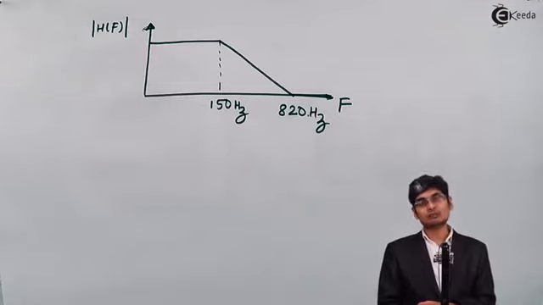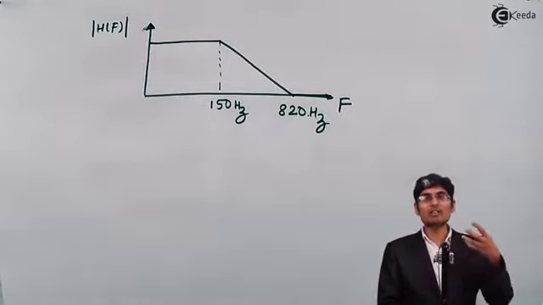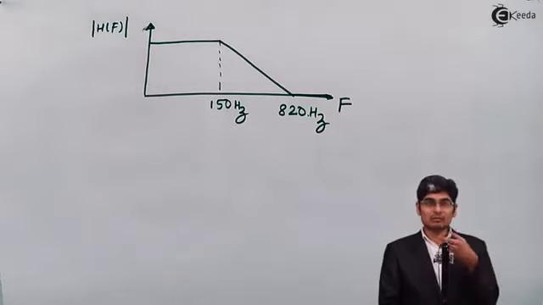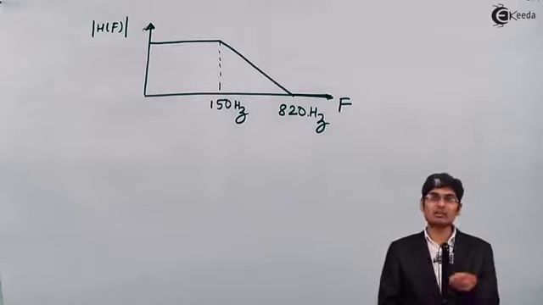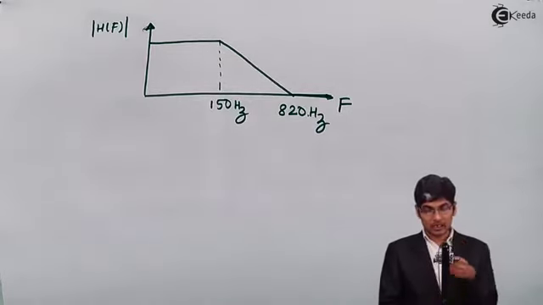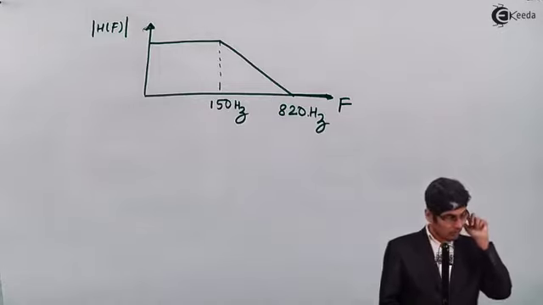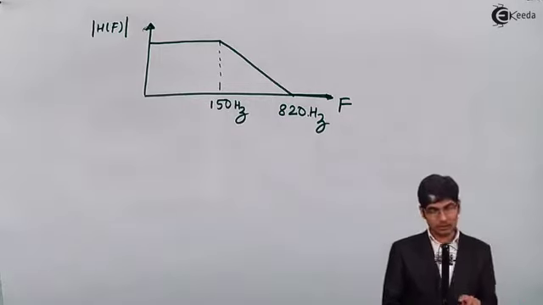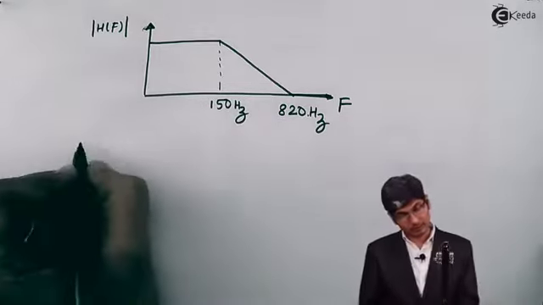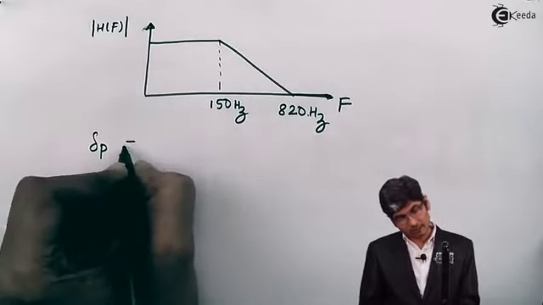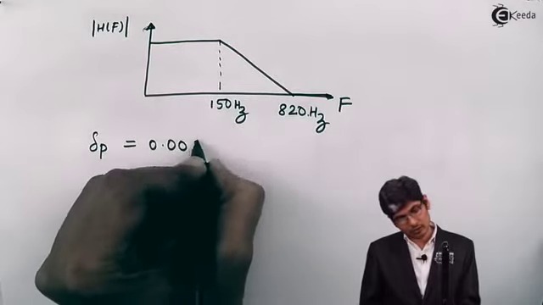Isn't it? Because when we see it in the logarithmic scale, the passband ripple is going to get added. In linear scale you are going to see it as multiplied, but in actual practice it is going to get added. So my overall passband ripple, that is delta P, requirement is 0.002.